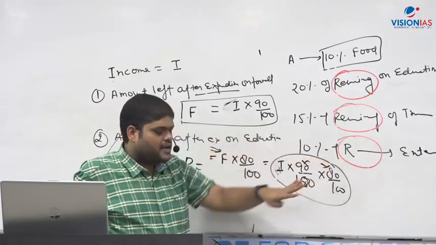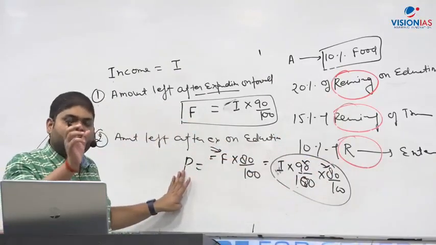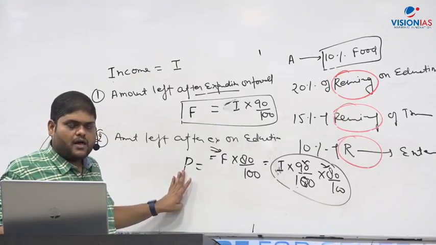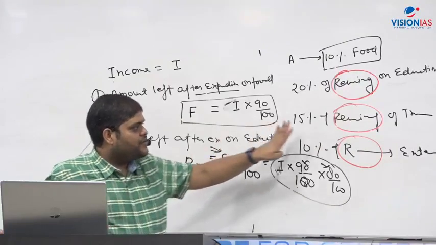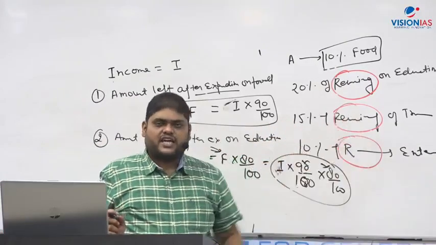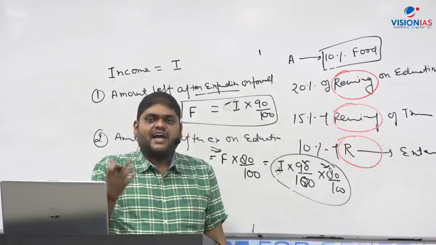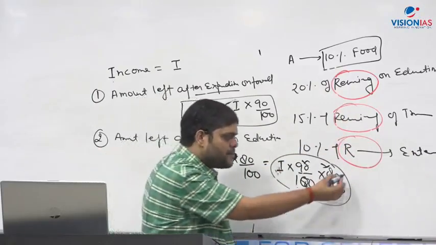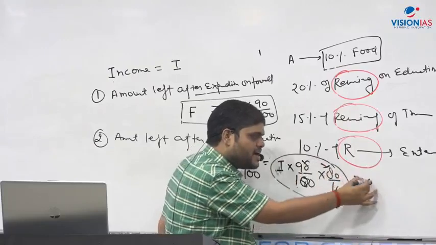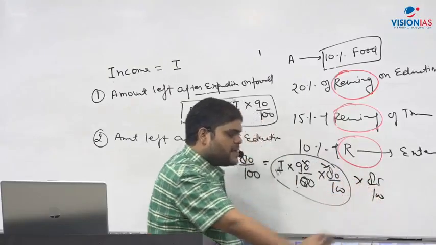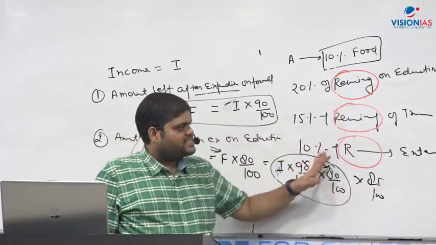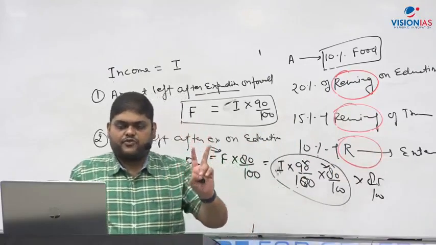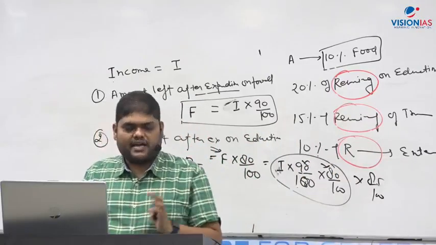Forget about this. Only think about P. P is the remaining amount. And out of this P, 15% is used on transportation. That means how much is left? 85% is left. That means out of this remaining, the next equation will be into 85, and then accordingly we will do. You have two options. You can go by any way.